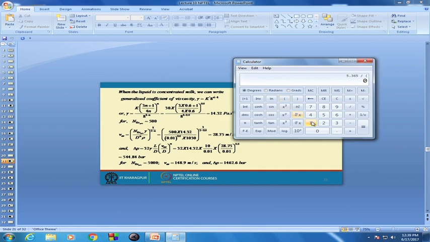Divided by 10 to the power minus 2, to the power 0.7, this whole to the power 1 by 2 minus 0.7.